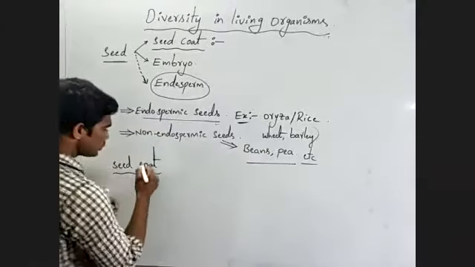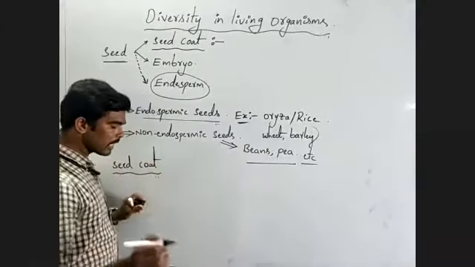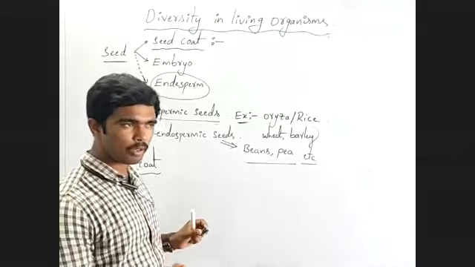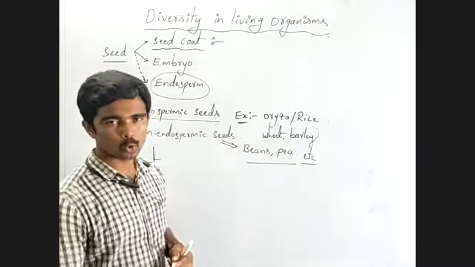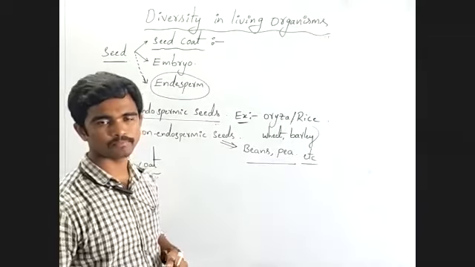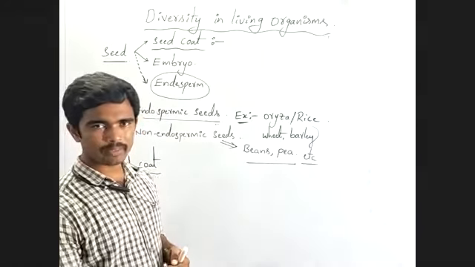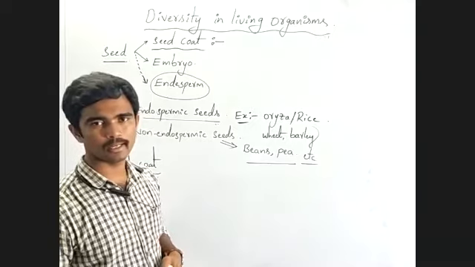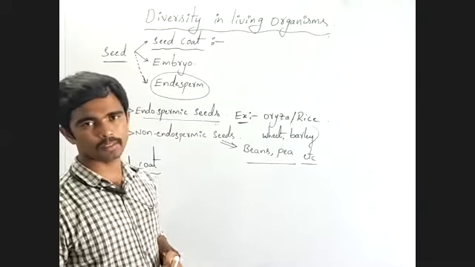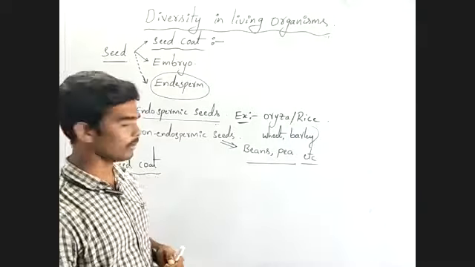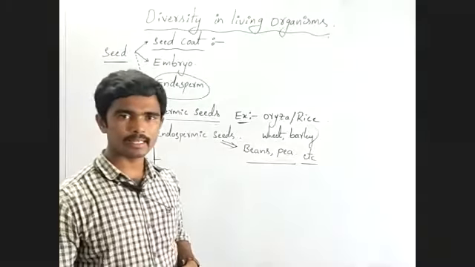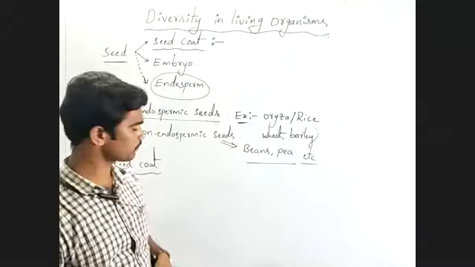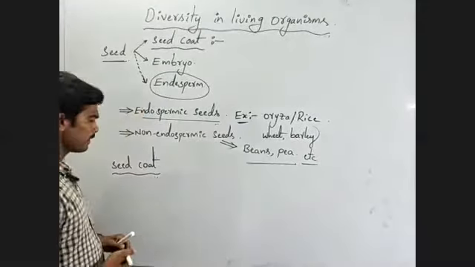Here, seed coat means after the fertilization process, during the development of the embryo and seed, the two integuments of the ovule develop, listen carefully here, develop as the seed coat. Are you understanding?